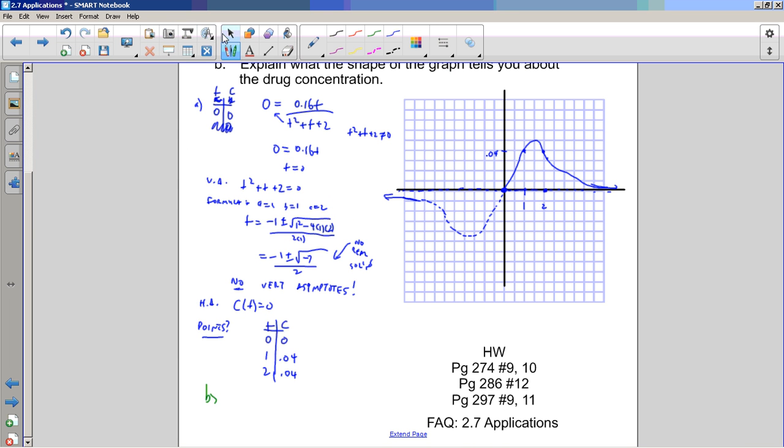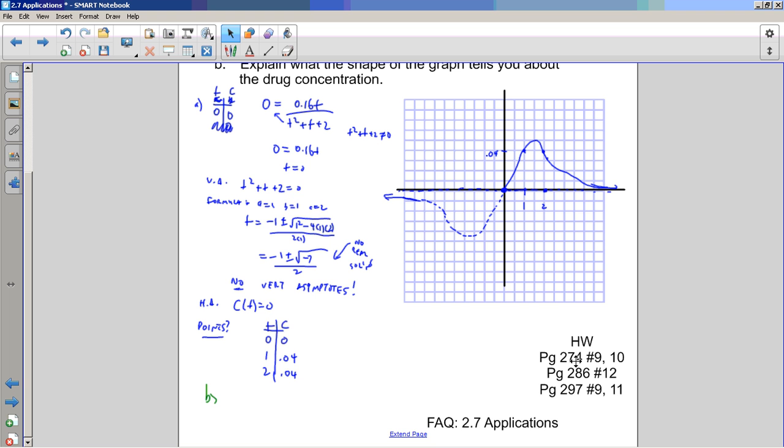Okay, that should be okay. Get this out of the way just so I can write. At T equals 0, notice that the concentration, this must have been when the drug was administered, because the concentration of the drug increases to some maximum that's probably between 1 and 2.